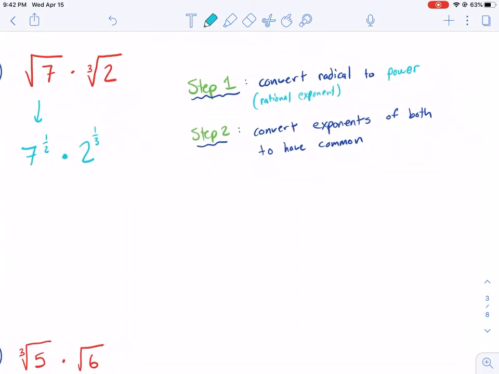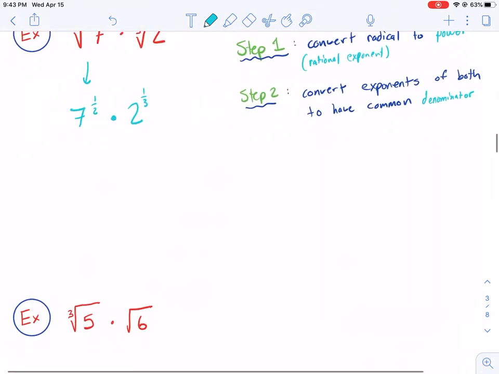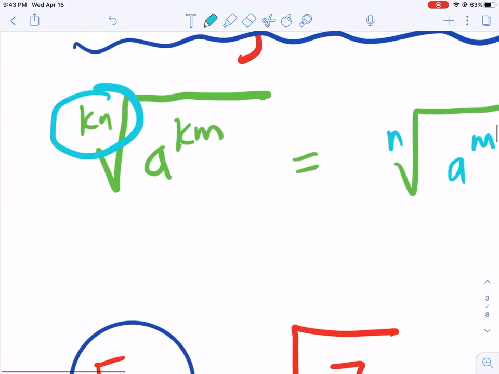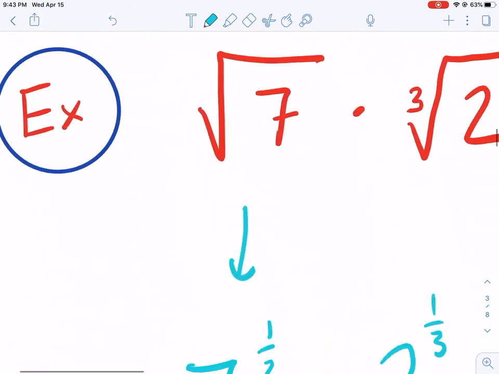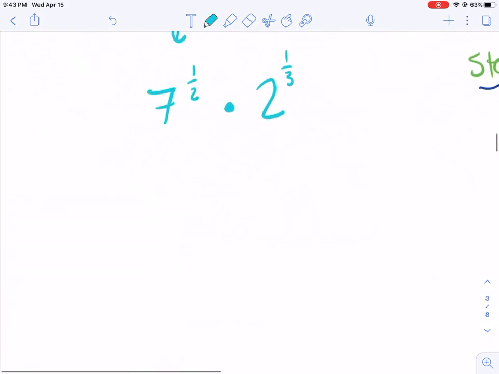Step 2 is to convert the exponents of both to have a common denominator. Here we have 1/2 and 1/3, and we want them to have the same denominator.